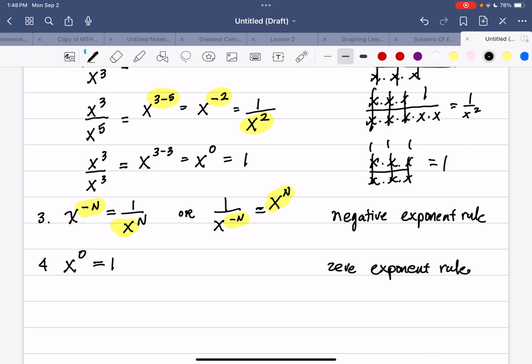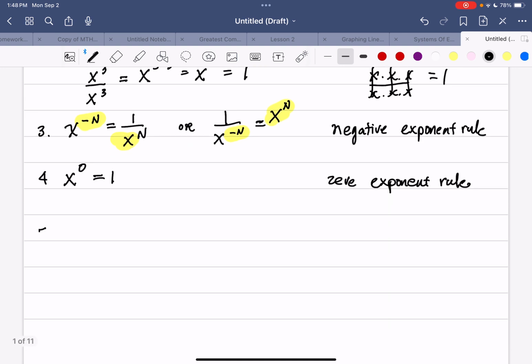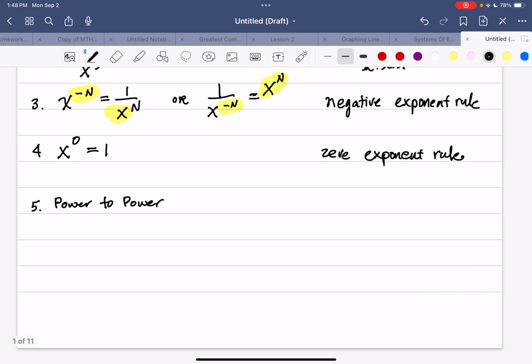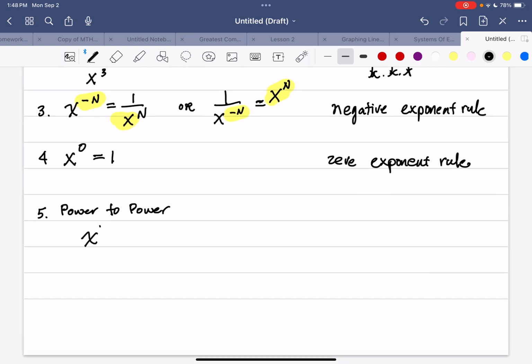Okay, we have another rule called the power to a power rule. And that is going to be a base to a power raised to another power. Like x to the third raised to the second.